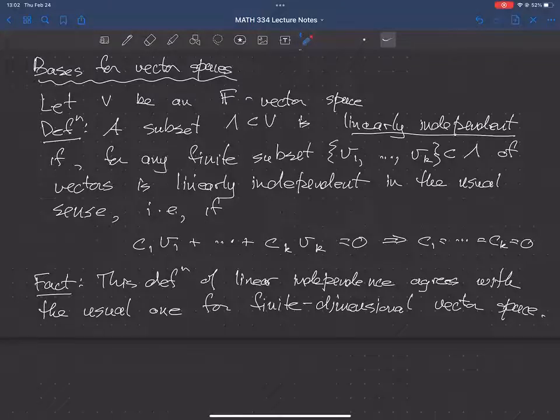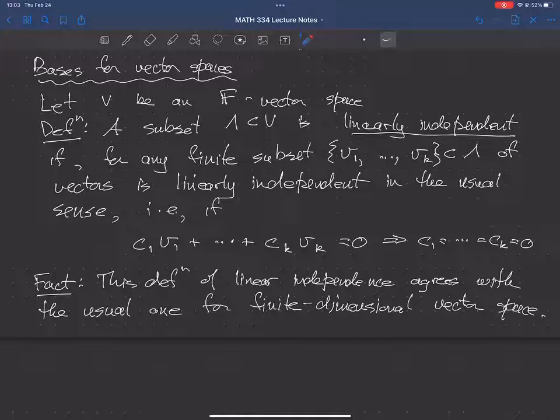And so if V is a finite dimensional vector space, let's say it has dimension n, so what that means is that it has a basis of n elements, it's still going to be the case that a subset lambda of this n-dimensional vector space V is linearly independent if and only if every finite subset of that set, which is necessarily already finite, is linearly independent in this sense. Okay.